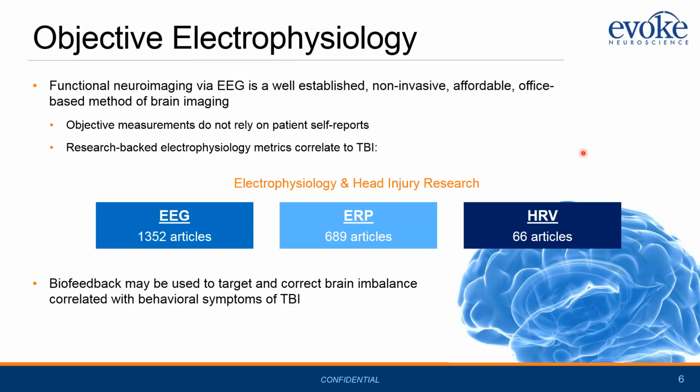And we also know that biofeedback can be used to target and correct brain imbalance correlated to behavioral symptoms of TBI. So electrophysiology not only is giving us the opportunity to detect biomarkers of potential TBIs, but it also gives us the chance to facilitate rehabilitation to injuries the brain has experienced.